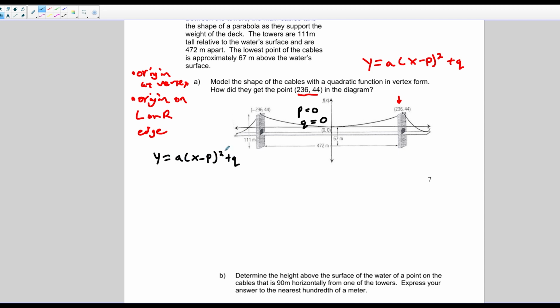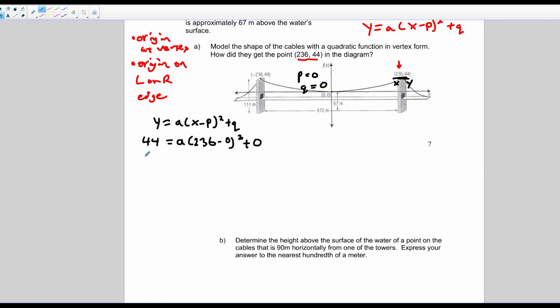The second thing we're going to use is one of these two points. We'll use 236 and 44. Let's call this x and y, and plug those values in as well. So we've got 44 is equal to our a value, which we're trying to find, times our x value, 236 minus 0, squared, and then plus q, which was plus 0.